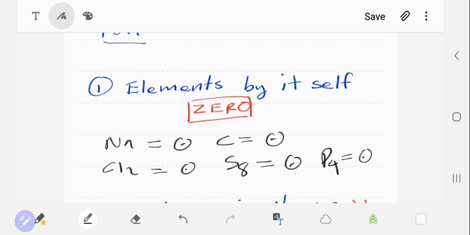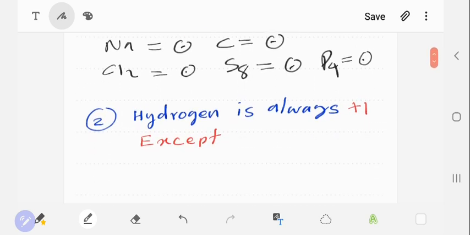Now the second rule: hydrogen is always +1. There are some exceptions, but here only one exception: metal hydrides.